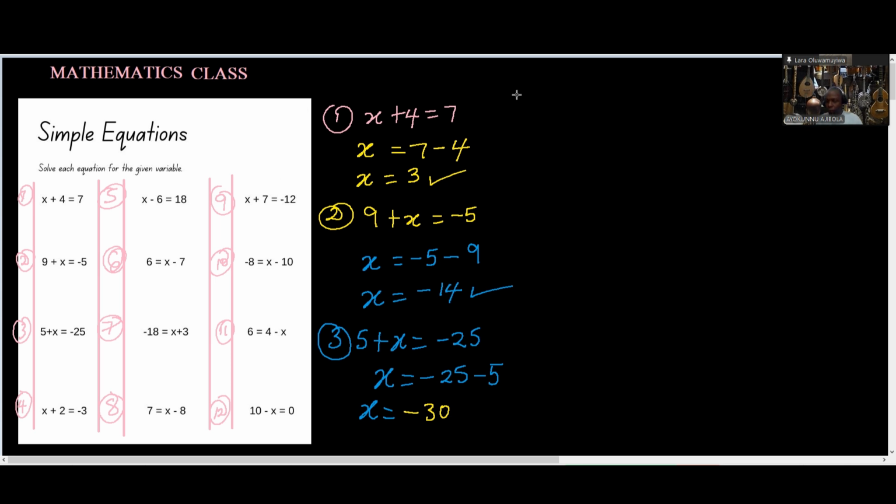Let me do two more or three more, then I'll give you the remaining six to try, okay? Number four says something plus 2 is negative 3. Then the 2 is going outside, it will become negative, yes or no?